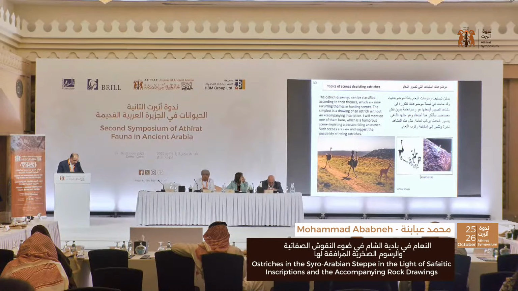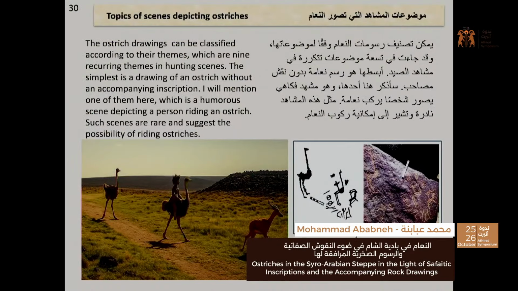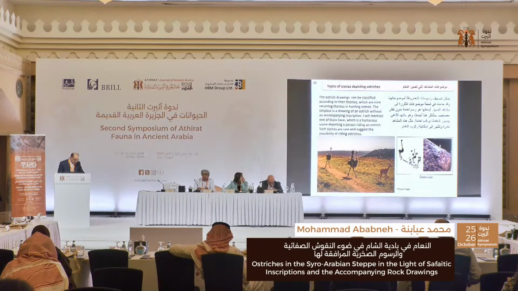Topics of scenes depicting ostriches. The ostrich drawings can be classified according to their themes, which are 9 recurring themes in the hunting scenes. The simplest is a drawing of an ostrich without an accompanying inscription.